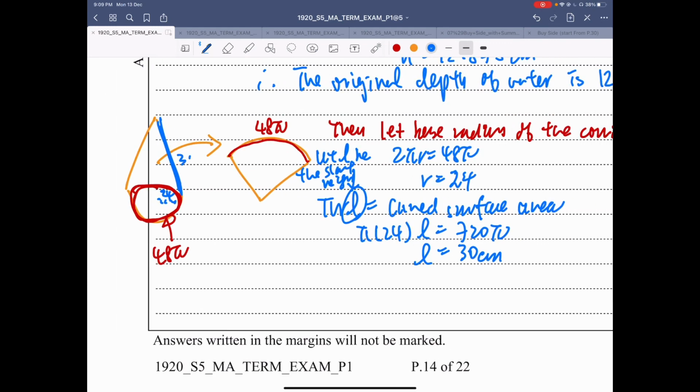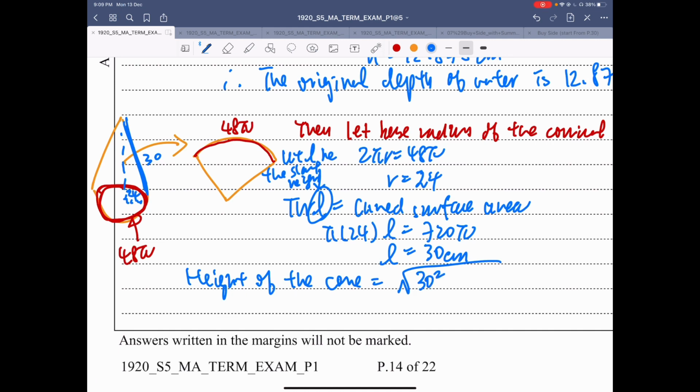After we know the slant height, we can find the height of the cone. Using Pythagoras' theorem, the height of the cone equals the square root of 30 square minus 24 square, which is 18 cm.